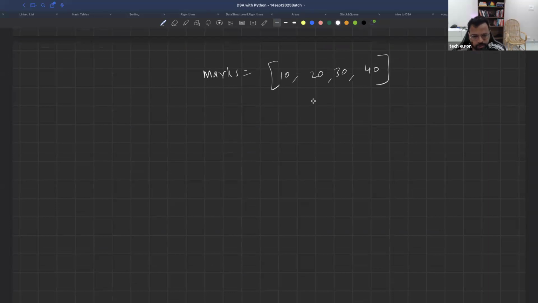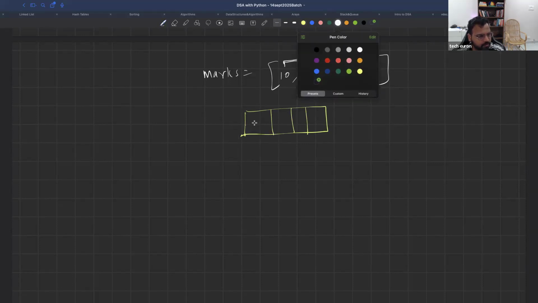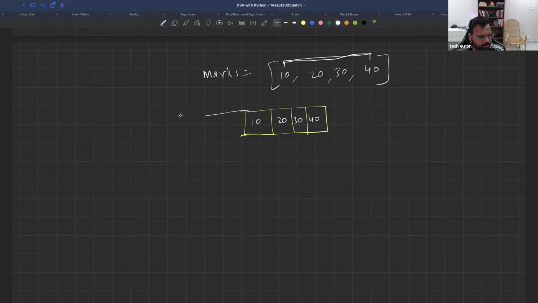So what we will do is that if we have to store 4 elements, suppose we are taking a block of 4. 1, 2, 3, 4. Okay, so we are storing 10, 20, 30 and 40. Okay, and this is one memory location. And similarly, there are a lot of memory locations.